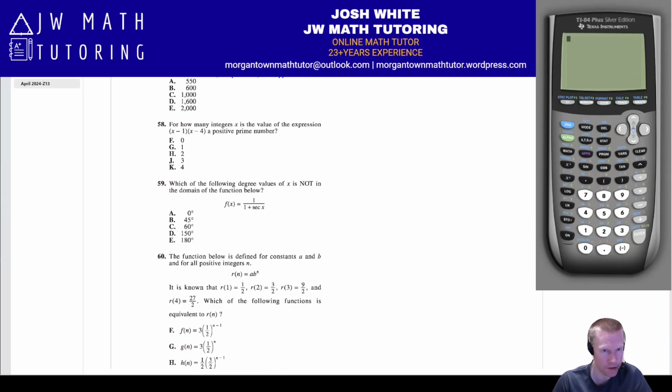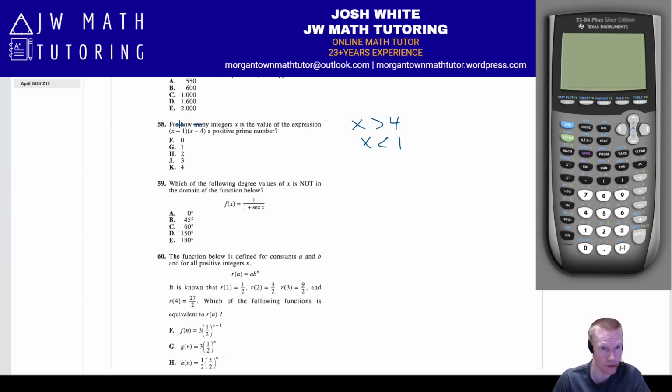First of all, a couple things to notice, and you can also see this if you graph it out. To get a positive number, you're going to have to plug in x's greater than 4 or x's less than 1. If you plug in anything between 1 and 4, it's going to be negative because this parenthesis would be negative, but this parenthesis would be positive.